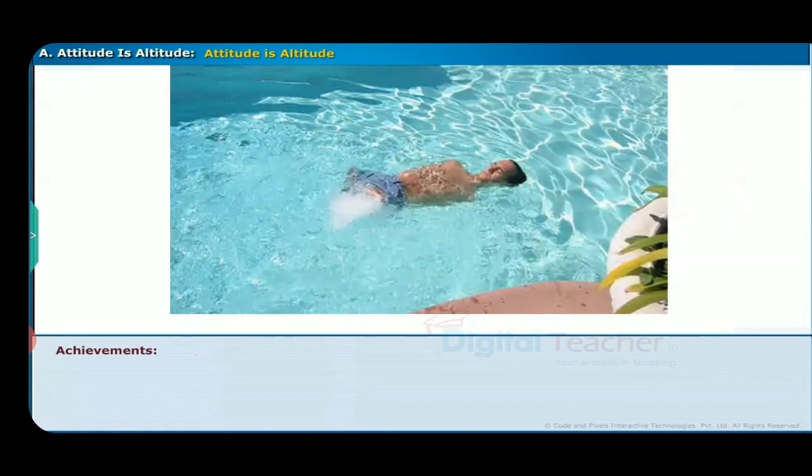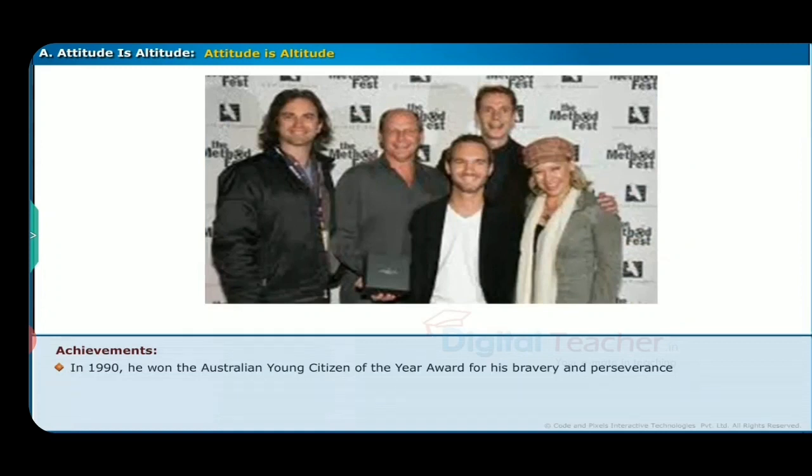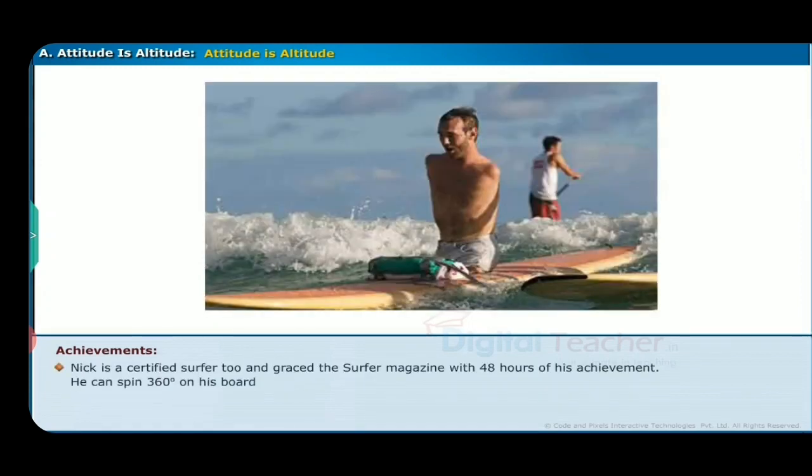Let us also focus on Nick's achievements. At the tender age of 18 months, Nick learned to swim with the help of his father. In 1990, he won the Australian Young Citizen of the Year award for his bravery and perseverance. Nick is a certified surfer too and graced the Surfer magazine with 48 hours of his achievement.